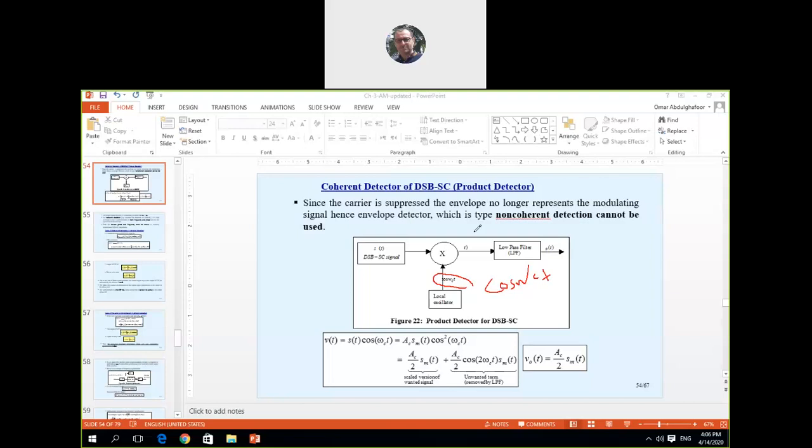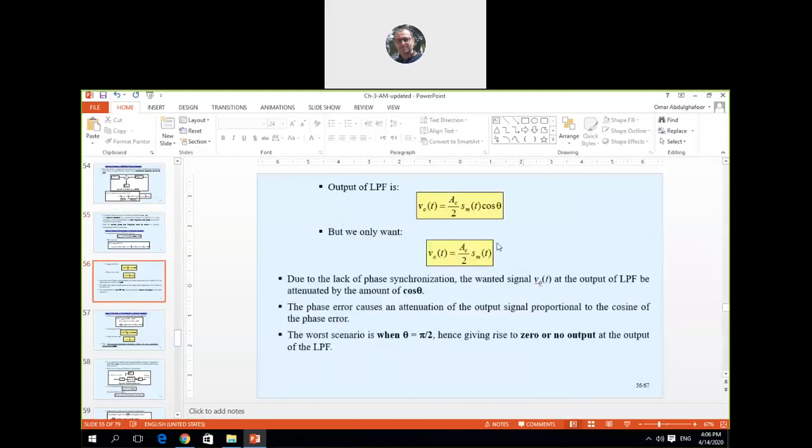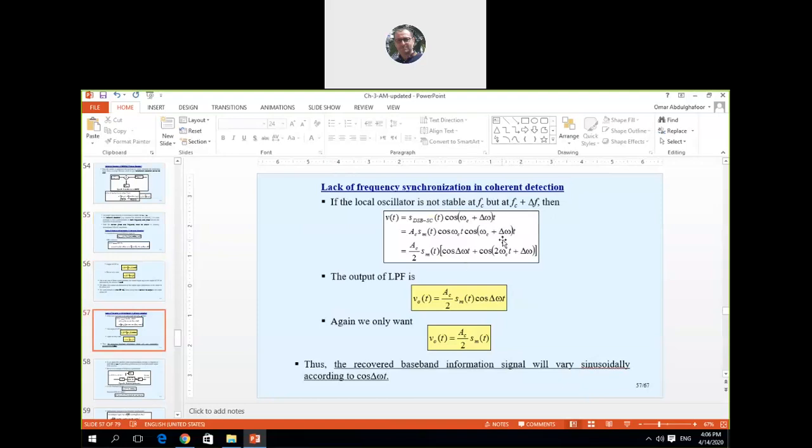If there is some phase distortion, then definitely we cannot receive the modulating signal. And if we have some frequency distortion, then also we cannot recover the original signal. The received signal will vary sinusoidally with the distortion in frequency or phase.